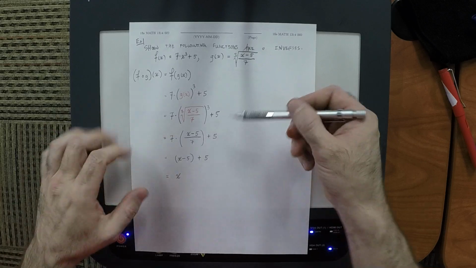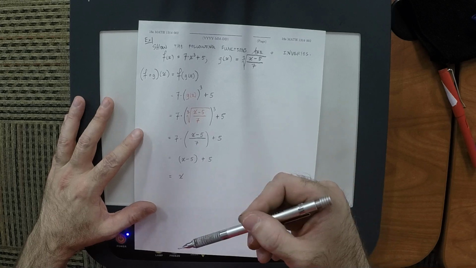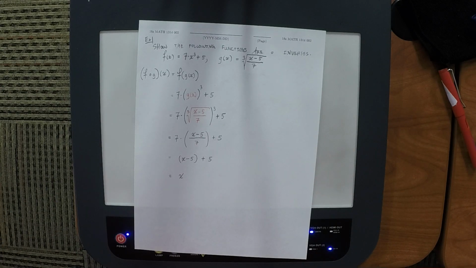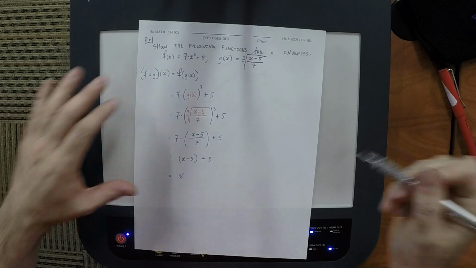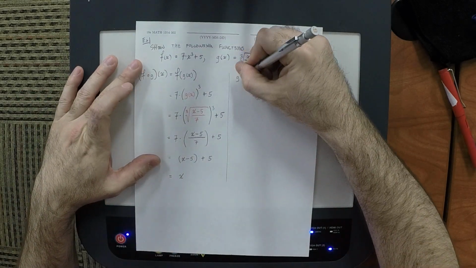And then a few moments later, the x comes out. Nothing at all happened to it. It's the same exact thing you put in. All right? Well, we need to do it in the other order.